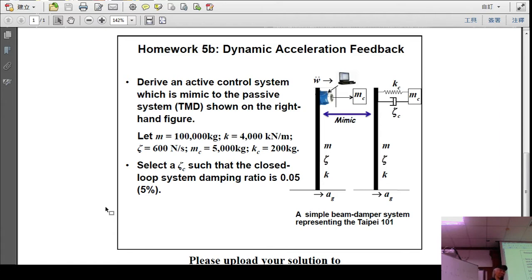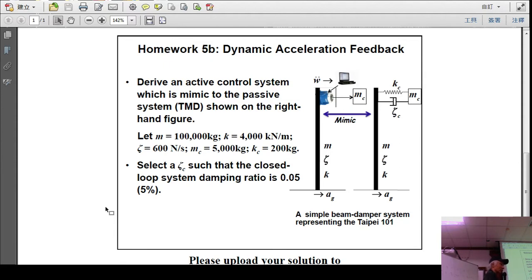That's there, right? Okay. Any questions you have? AG is the acceleration of the ground.